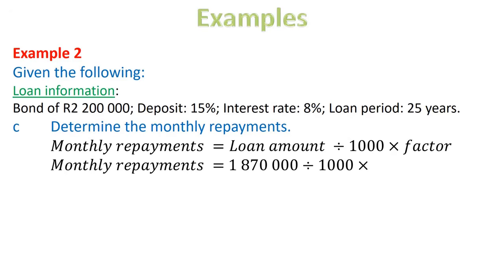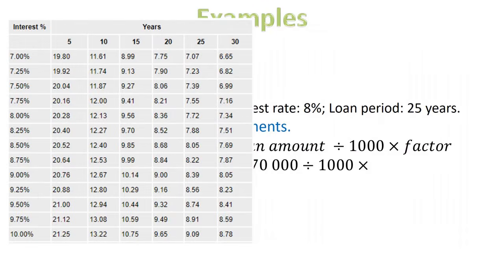Now we look at our factor table and we bring it in and put it on the left hand side there. Now our interest rate is 8%. And so on the left hand side we find 8%. Our loan period is for 25 years, and so I find my 25 years.